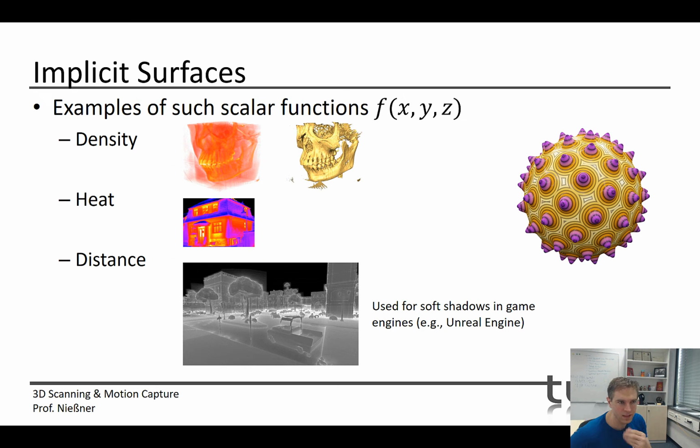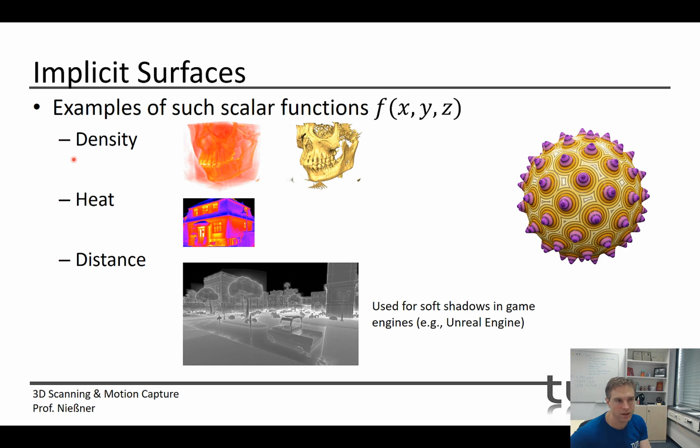There's a bunch of different scalar functions that you can use instead of signed distance functions. You have the scalar function f of x, y, and z that gives you a scalar. This scalar could be a density. It's like an occupancy grid with floats, basically, that tells you this is a density instead of an occupancy. By the way, density is super important nowadays because in this whole new rendering field, like NeRF and so on, this is based on densities.